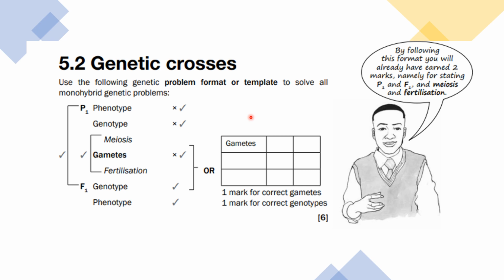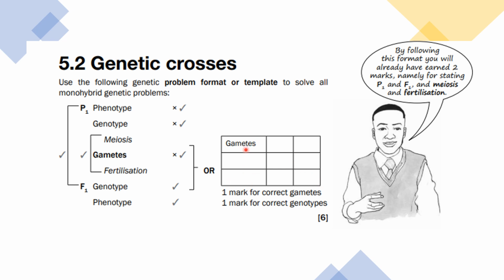And then with the Punnett square one, you mention the phenotype, then you mention the genotype, then after mentioning the genotype, you write meiosis, then you draw the Punnett square, and your Punnett square must have 3 columns and 3 rows.